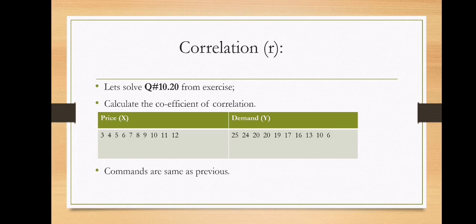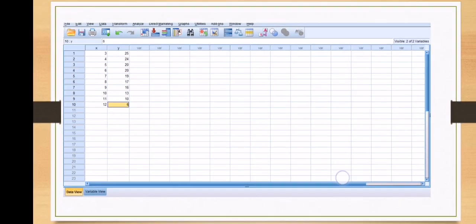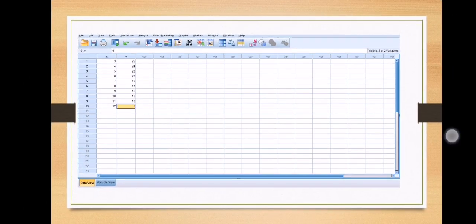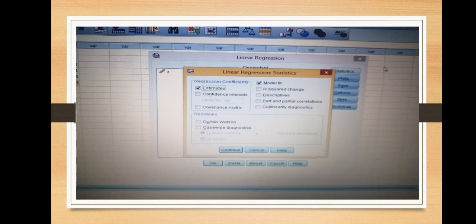Let's solve the question from the exercise. Question number 10.20: calculate the coefficient of correlation. The commands are the same as for the coefficient of determination. We put the data in x and y respectively, and then analyze, regression, linear, and then estimates or model fit.